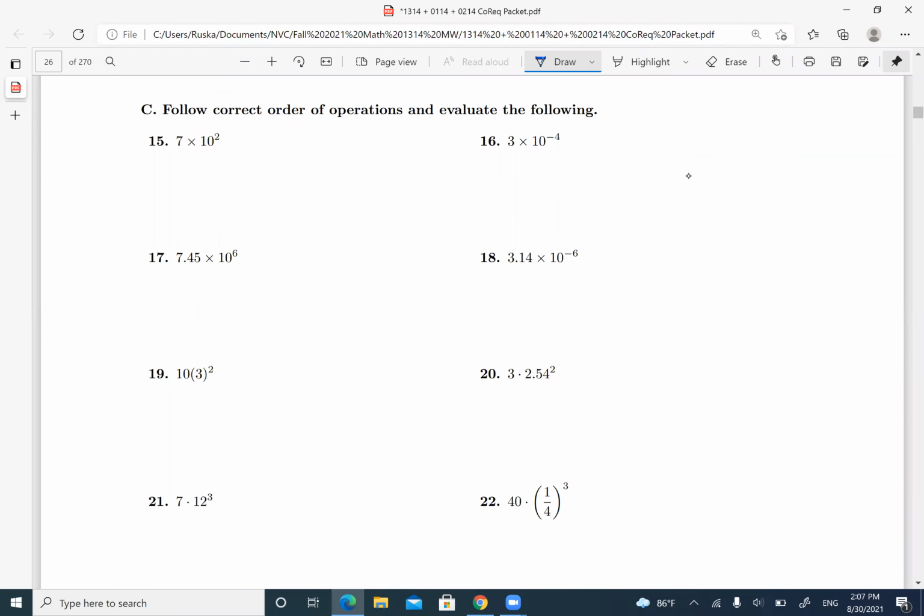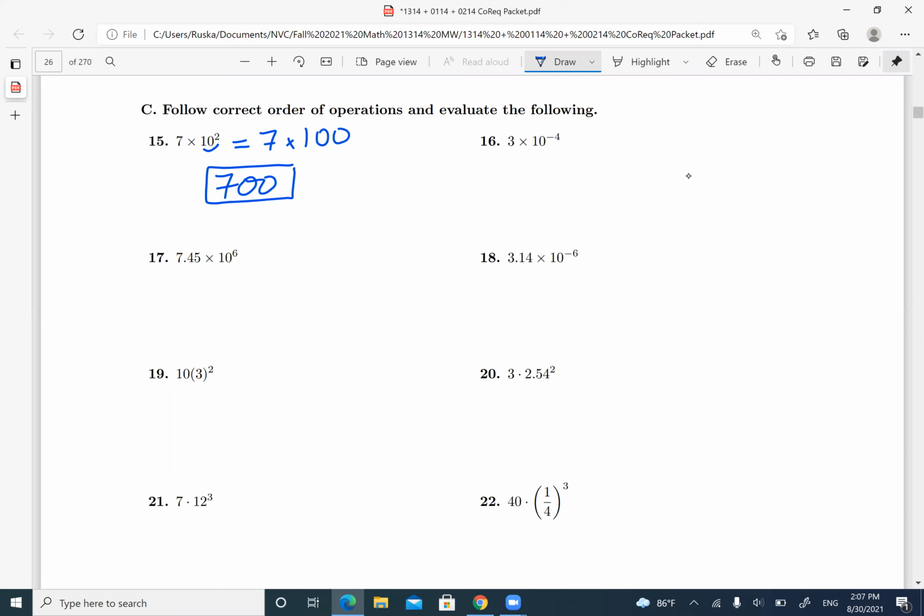let's start with number 15. For number 15, I have to do the exponent first, right? So technically I have to do 7 times, what is 10 squared? 1 with 2 zeros, right? And then when I multiply 7 times 100, what am I going to get? 700.